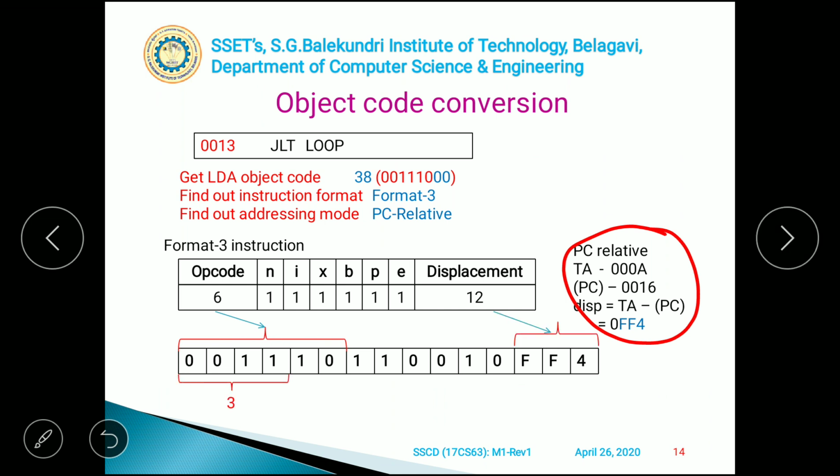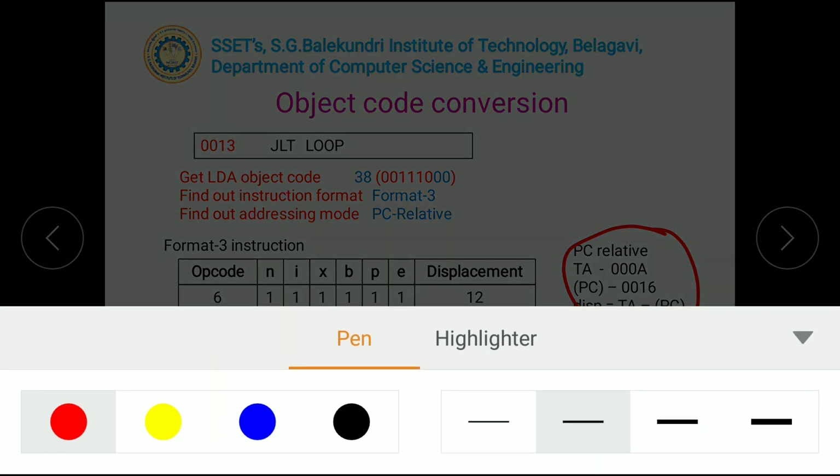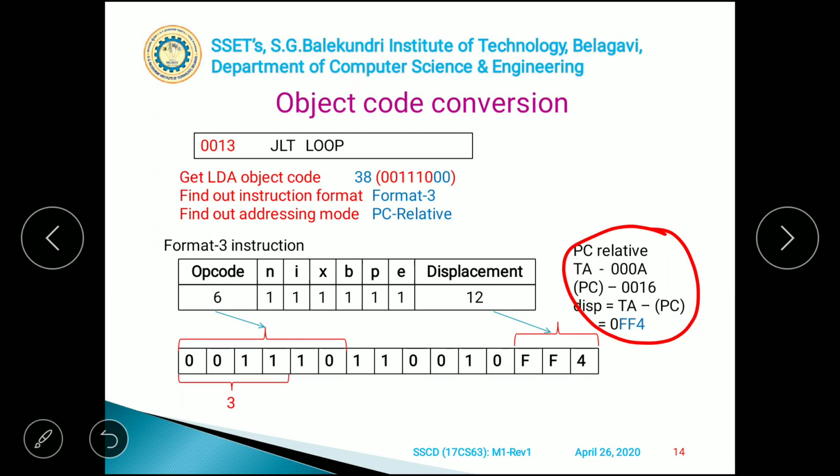Again, combine all this. The first 6 bits are written here, and then n and i are set as 1. In most cases we set it as 1 if it is not indirect and immediate, and here the displacement is FF4, it lies in this, hence it is PC relative, then FF4 is given.